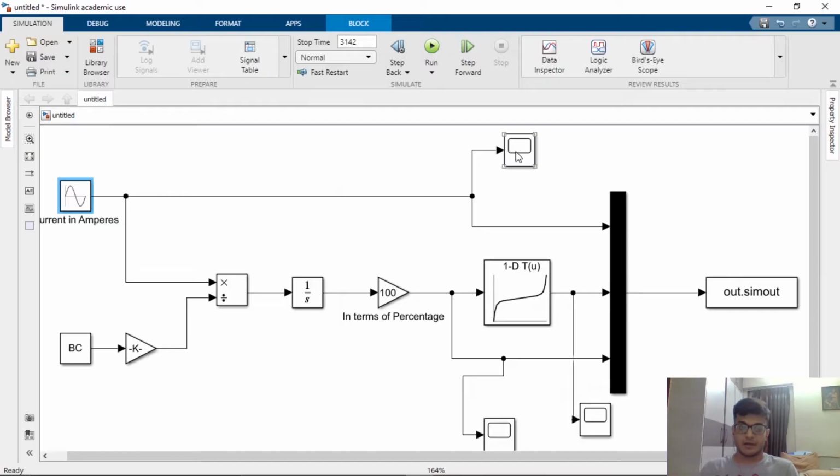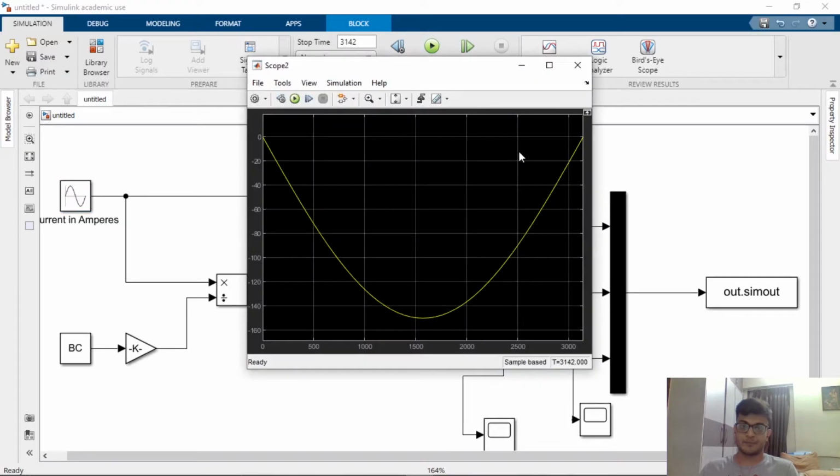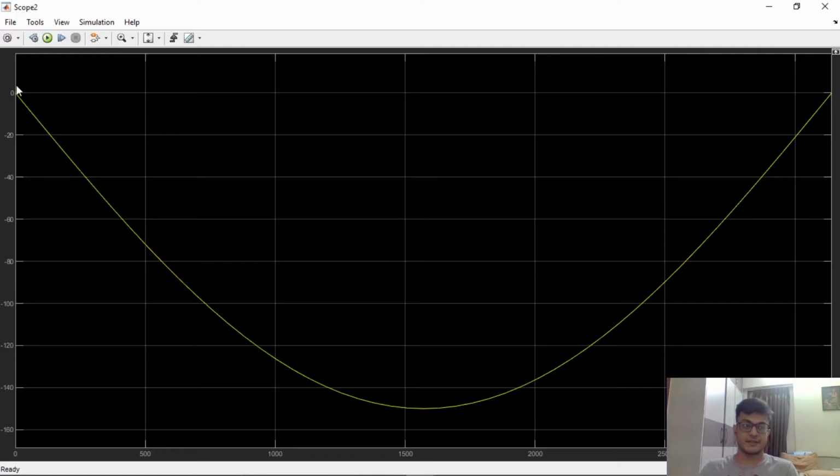Alright, let us have a look at our current cycle. In the full screen, you can see the current starts from 0, and at 1/4 of the frequency it reaches around minus 150 amperes, and at half the frequency it goes back to 0. So this simulates that, let's say for example, in the time of 0 to 500 seconds you are using your cell phone just for text, or you are running a small application which doesn't require much current.